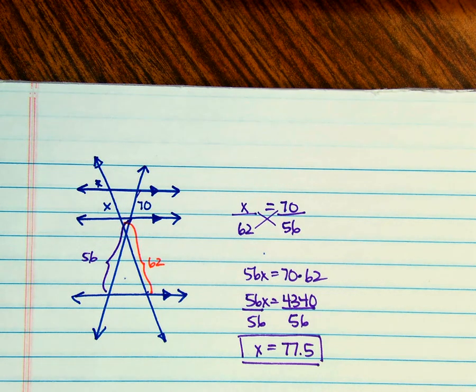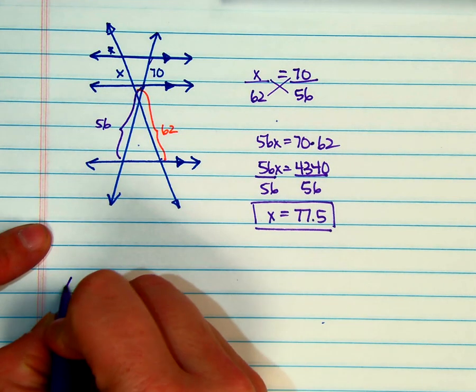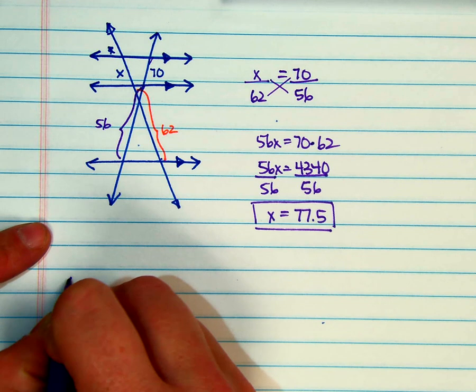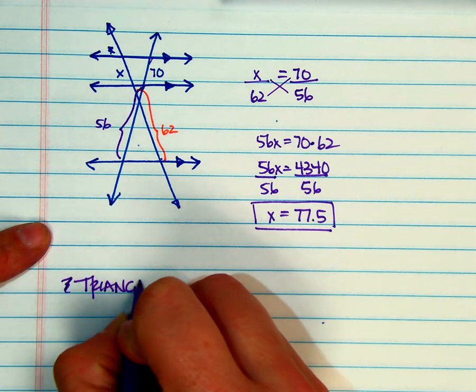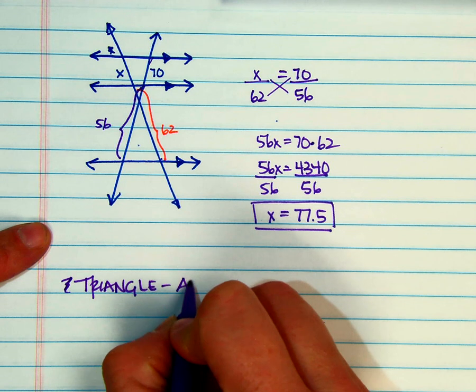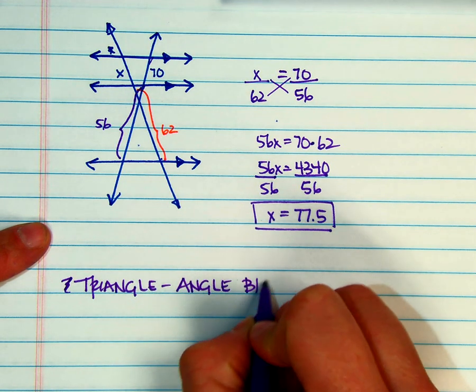The next one we have is called the triangle angle bisector theorem. I'll just write it out: triangle angle bisector theorem.